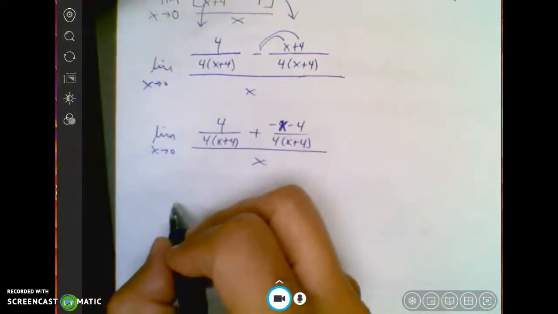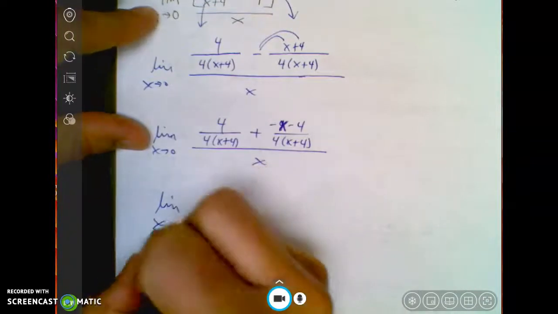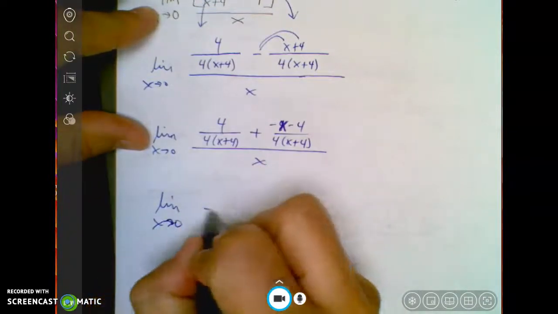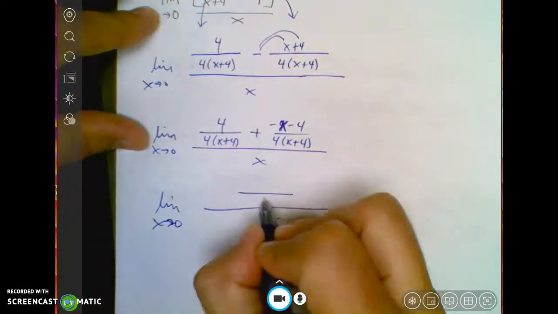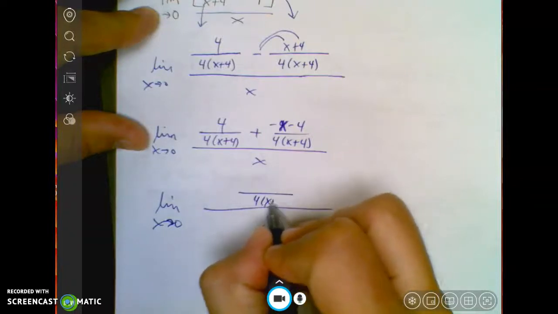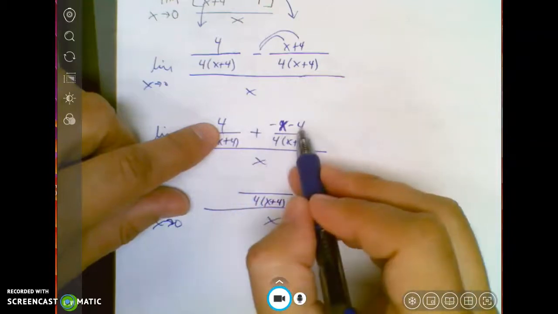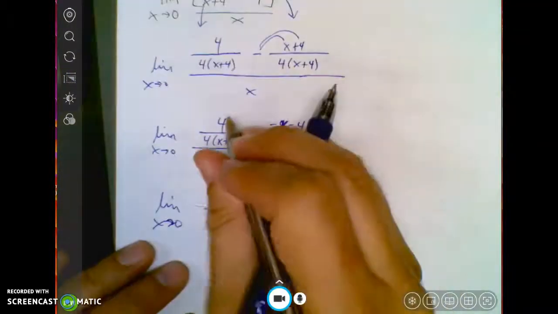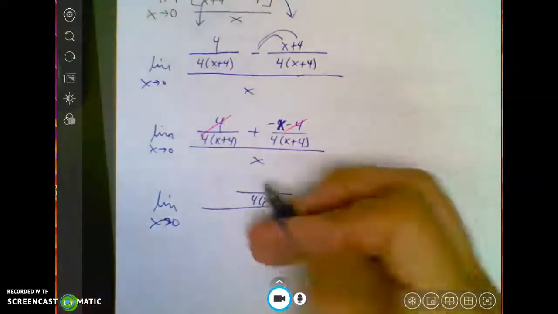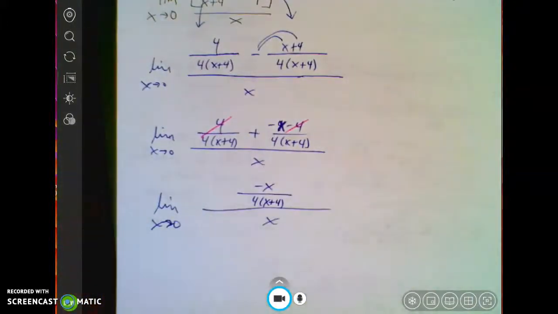So the point of that was so I can write them all over one denominator, 4 times x plus 4. And the top's going to be 4 minus x minus 4. Well, guess what happens to the two 4's? They go away, and you're left with a negative x on top.